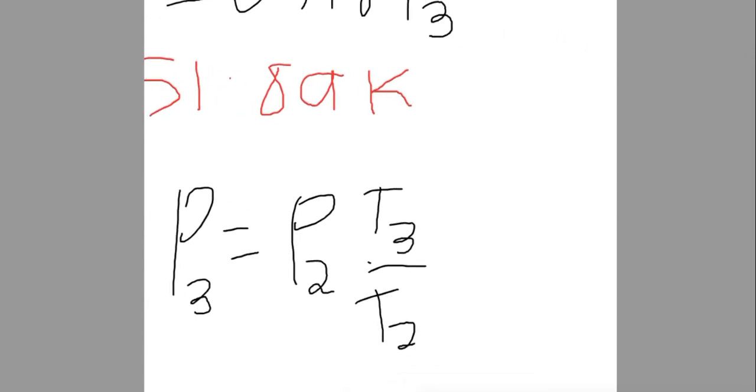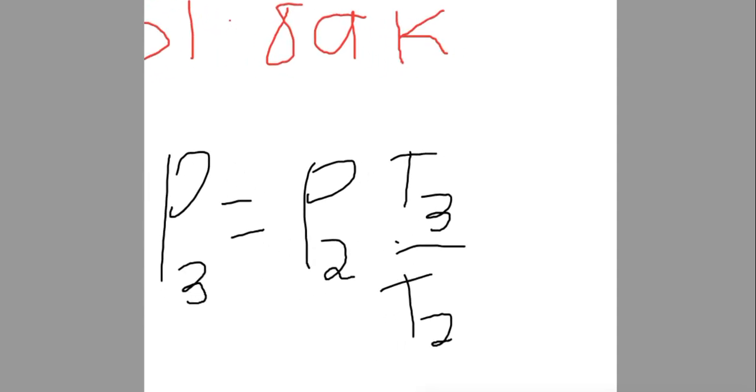So now this is the formula that we are going to be using over here. P3 is equal to P2 times T3 over T2.